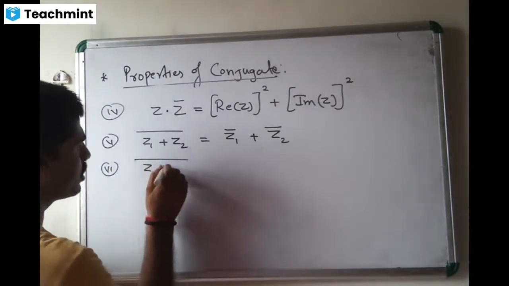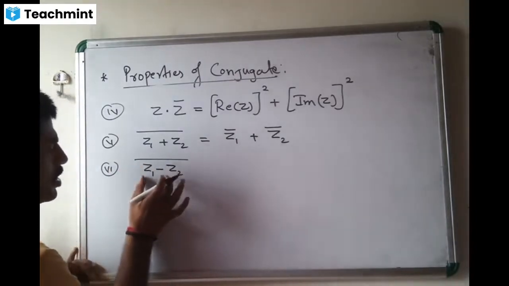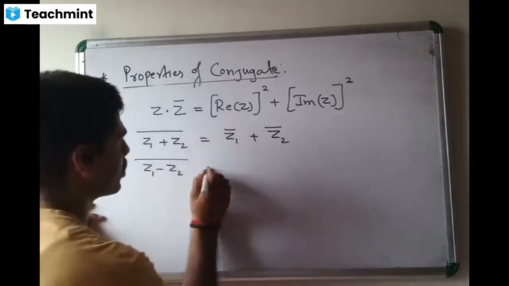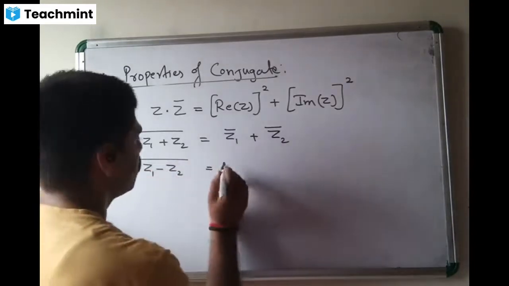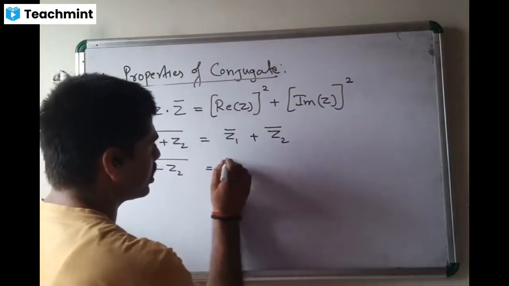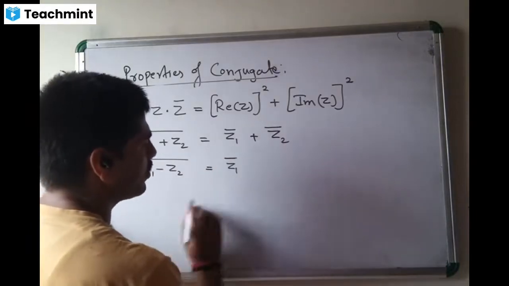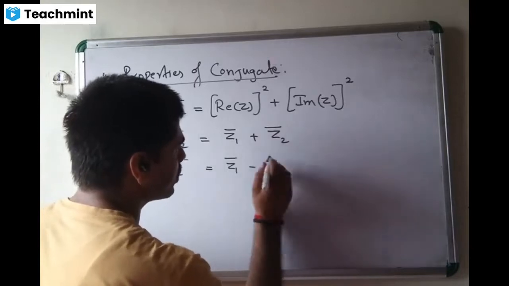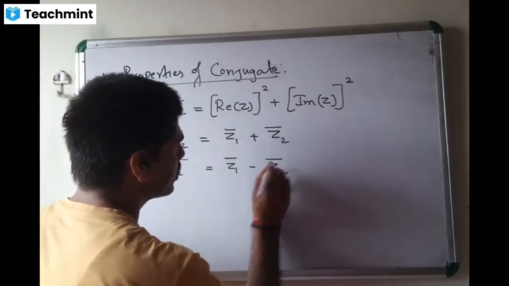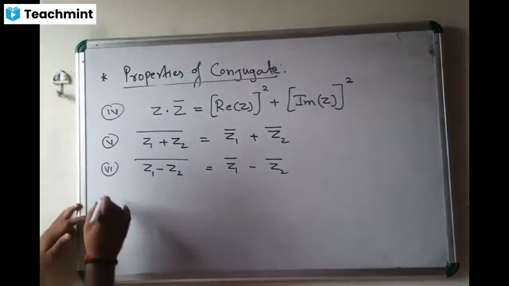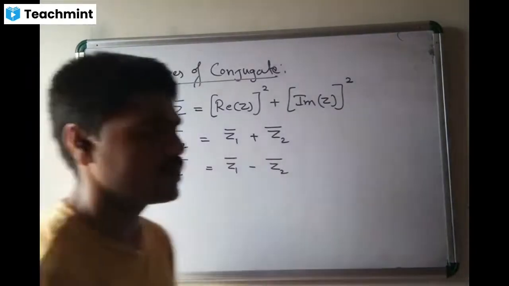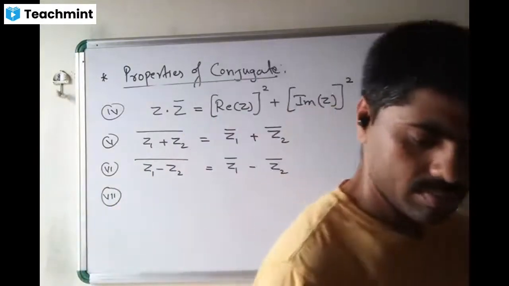Conjugate of Z1 minus Z2, means conjugate of the difference between the two complex numbers, is equal to conjugate of the first complex number minus conjugate of the second complex number. Isn't it? Yes or no?